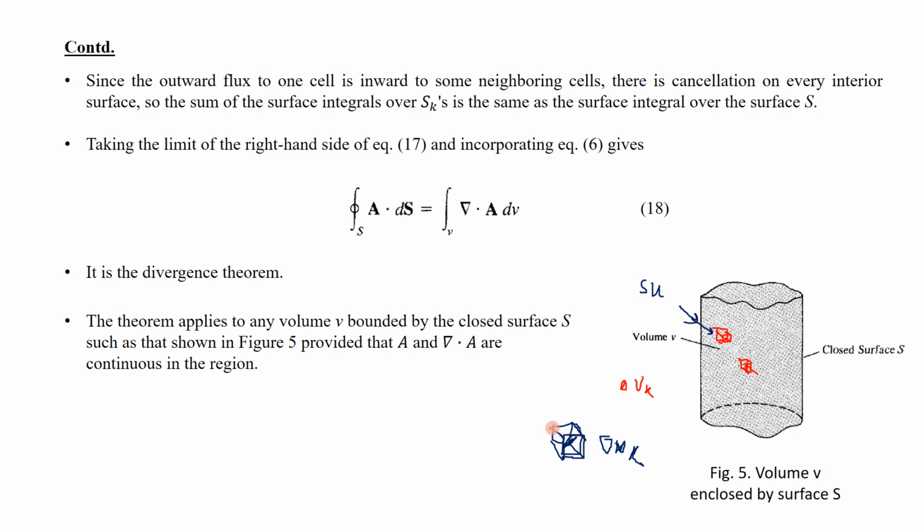And that particular cell, which is having a volume delta Vk, has surfaces also, 6 surfaces. Now the closed surface area of this particular cell is Sk. That means if there are n number of cells stacked together, there will be n number of Sk's.